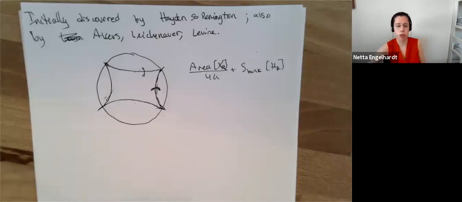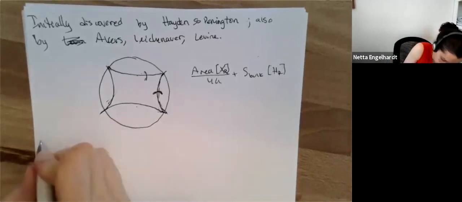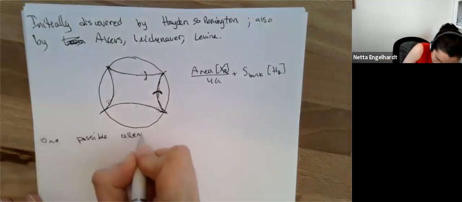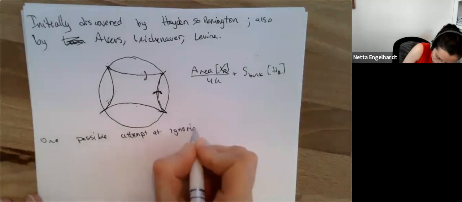Now, of course, what you can do at this point is you can shrink your code subspace to the point where it has no such states that have significantly different quantum extremal surfaces. So one possible attempt at ignoring this, burying your head in the sand.